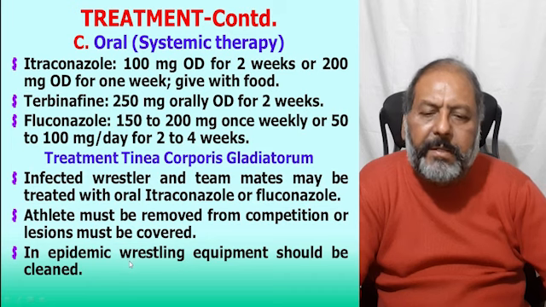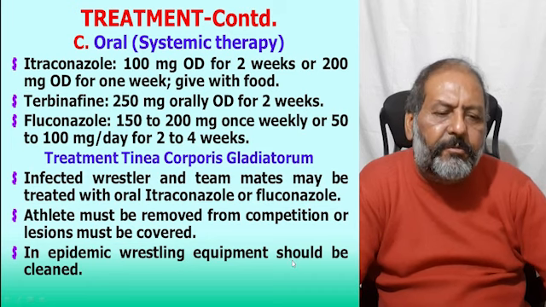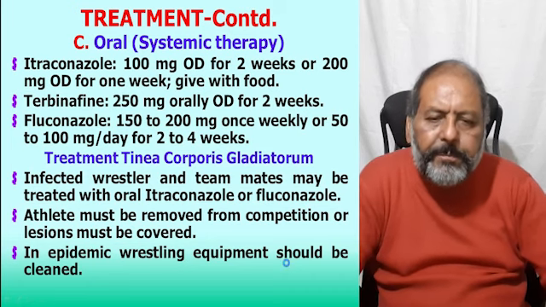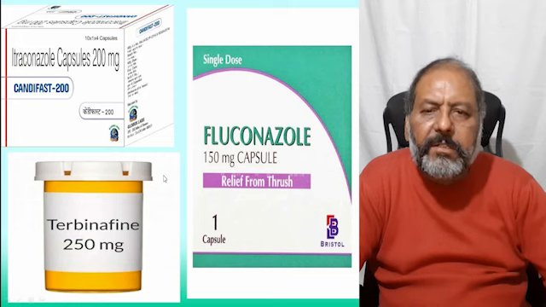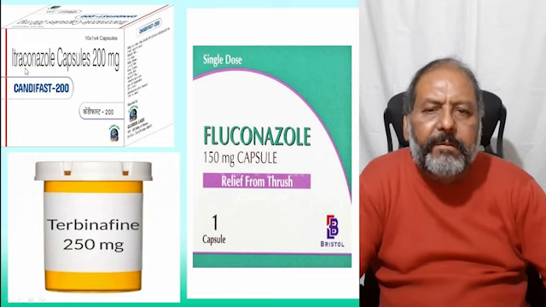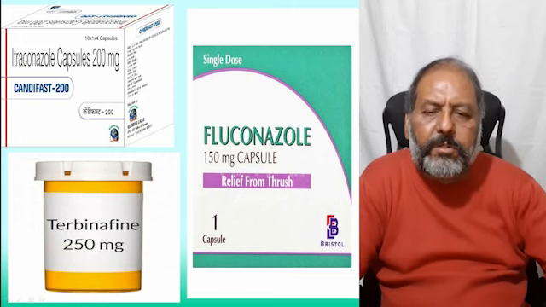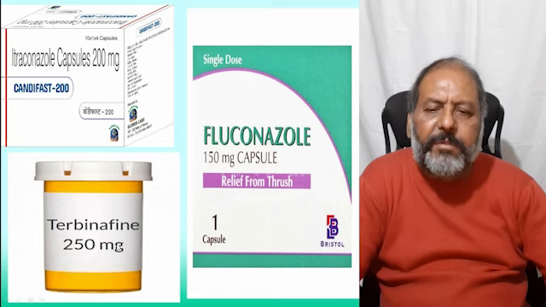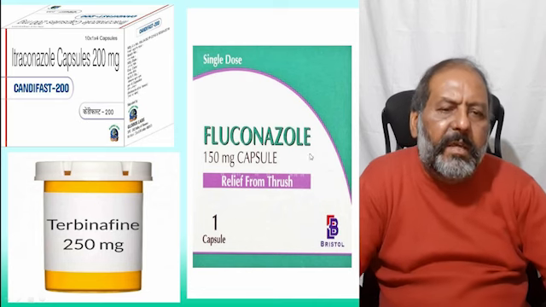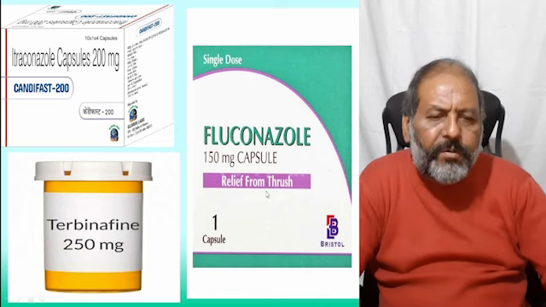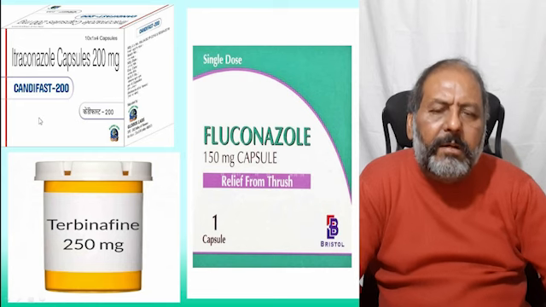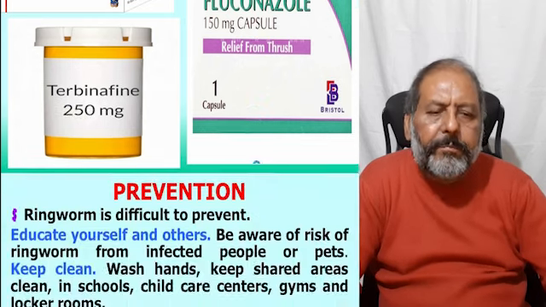And in epidemic cases, wrestling equipment should also be cleaned. So here one can see the itraconazole capsule 200 milligram and terbinafine tablet 250 milligram and fluconazole capsule 150 milligram. These are the oral treatment given for the selected cases.